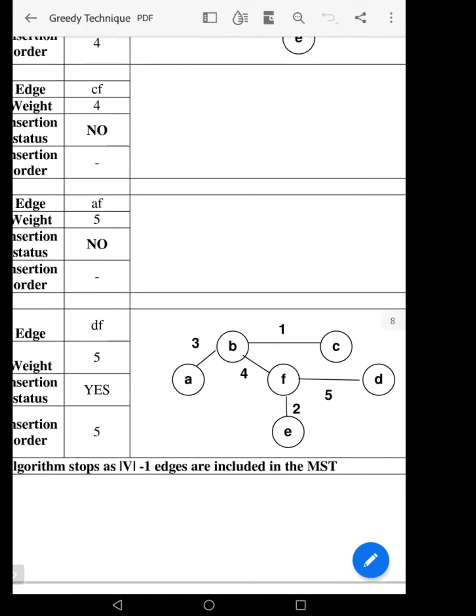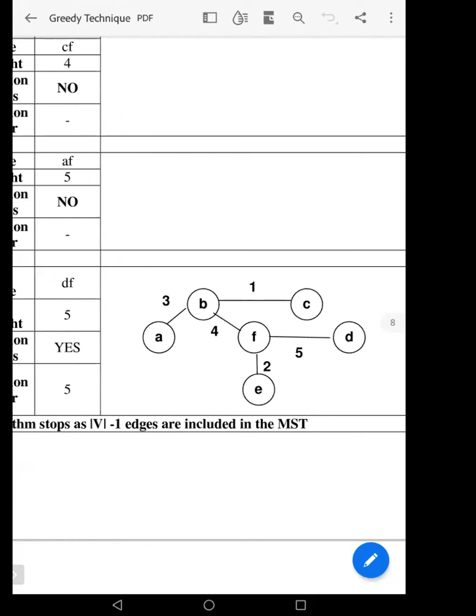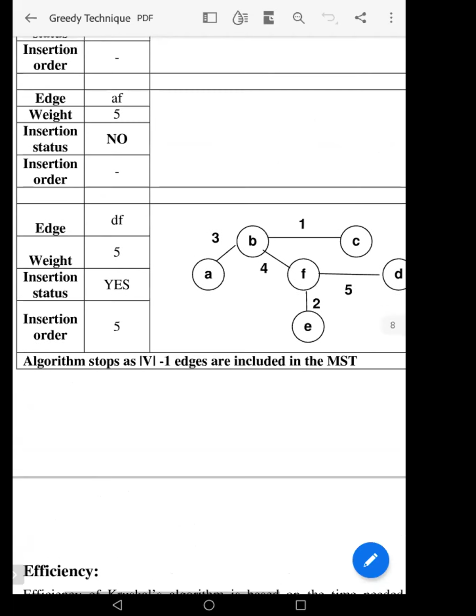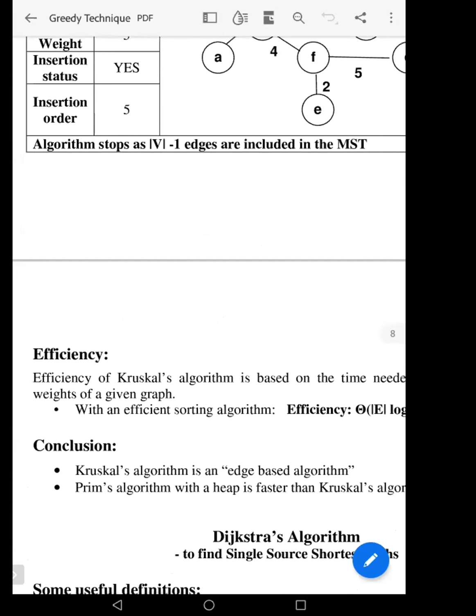We just need to check carefully at each stage that no circuit or cycle is formed, because a tree is an acyclic graph. Now we can find the sum of the weights of the edges, and again it gives 15. Whether it is Kruskal's algorithm or Prim's algorithm, the weight remains the same. So the total weight is again 15.